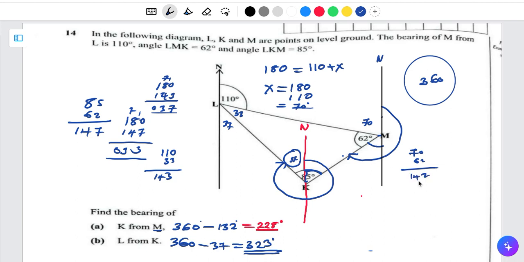Now remember, the entire angle here is 84. Let me say it's 85. So we can easily find what is remaining here by saying 85 minus 48. Then what are we going to have? So 15 minus 8, we are going to get 7. Then 7 minus 4, we are going to get 3. So we are having 37, which is the same one that we have found here.